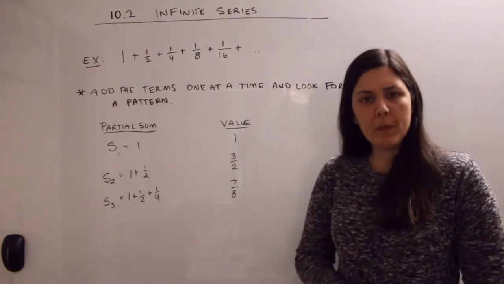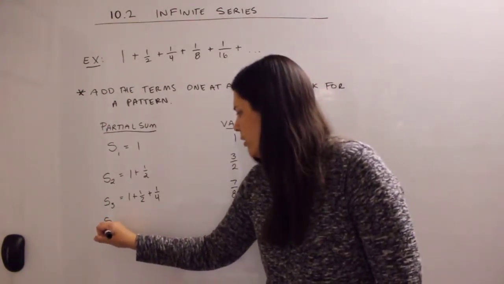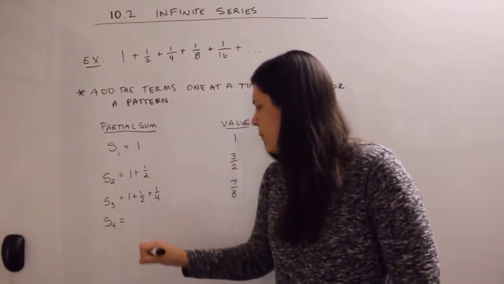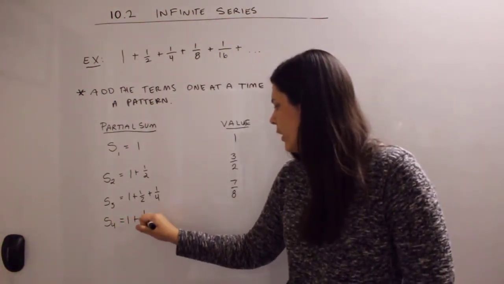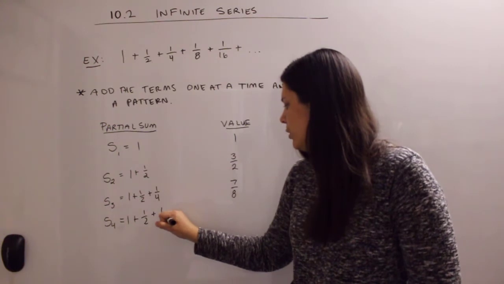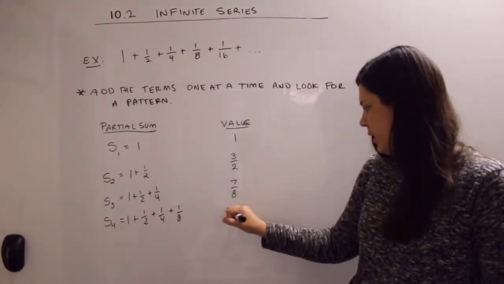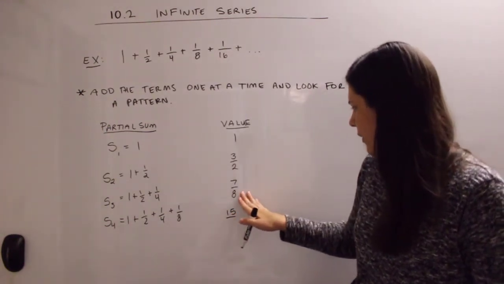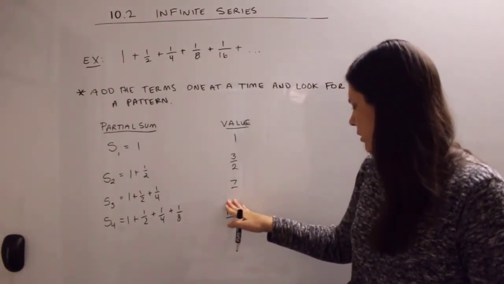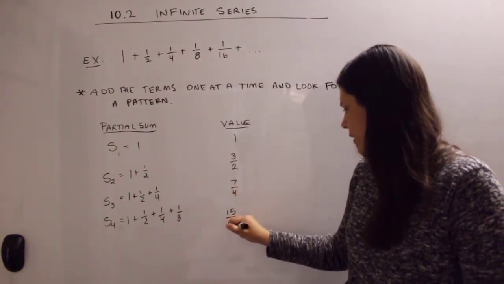Maybe we can figure it out from here, but I'm going to just do one more and then generalize it. So let's do the fourth partial sum, sum of the first 4 terms, 1 plus 1/2 plus 1/4 plus 1/8. Okay, and that becomes 15/8. Oh, sorry, the one back here was 7/4.